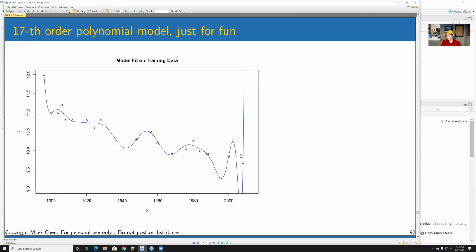You need to have some kind of rule set so that the computer can fit the model on its own without humans intervening here.